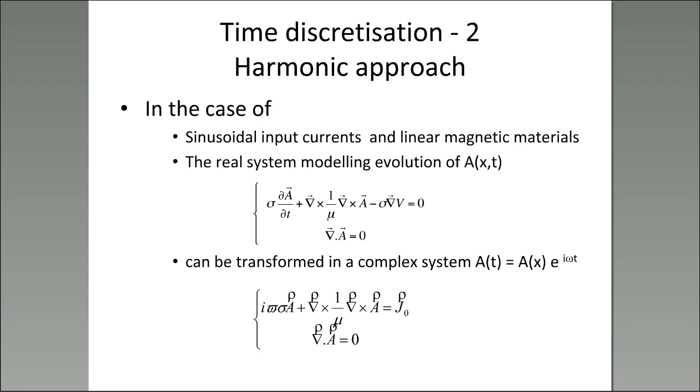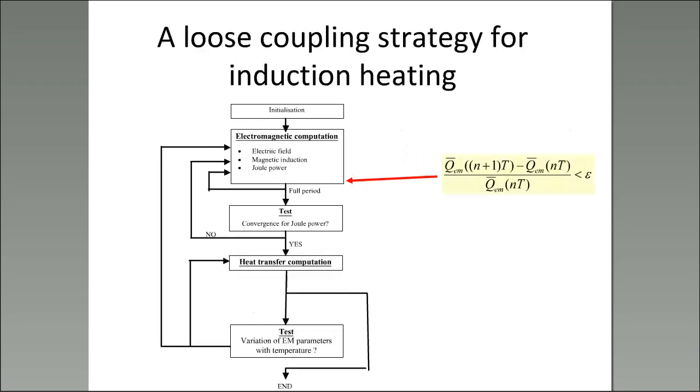And this means that you are going to solve a complex system, the system denoted just below. Of course, it's a larger system than the one you use for time integration. However, the big advantage is that you only solve it once. And this is why in some modeling software you are going to be able to use a harmonic approach if you are in this specific case.